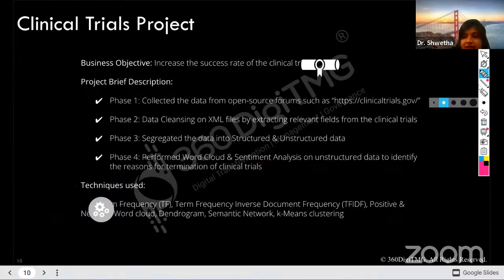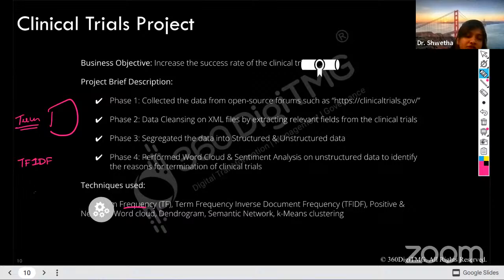What all techniques can be used? We can find out term frequency: how many times a term is being repeated in the reviews or in the documents. Then we can go for term frequency inverse document frequency.